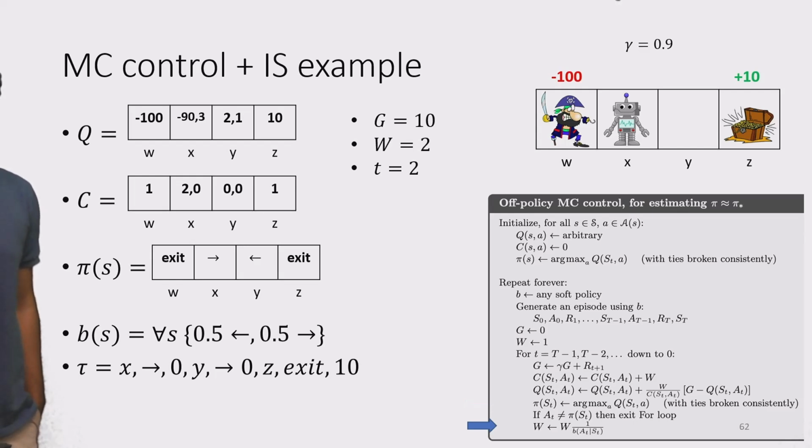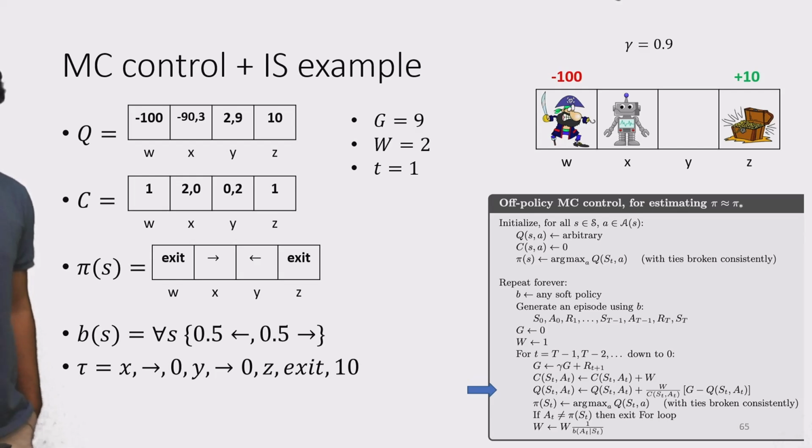So we can just go to the T minus 2 state, which would be Y, and taking action again, going east, we see that because of the discount ratio, G will now be 9. Your C was 0, so now it becomes 2 as W is updated to 2. Q value is updated from 1 to 9.